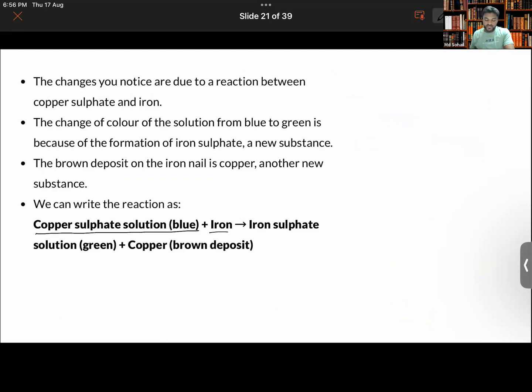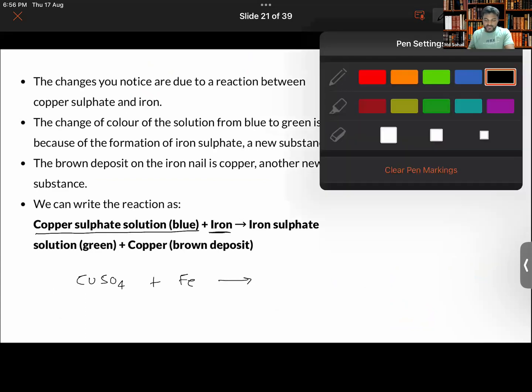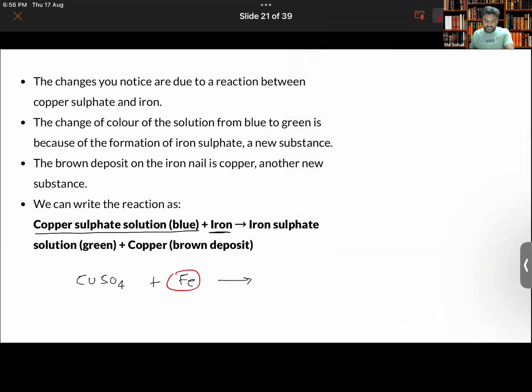Now we dipped a piece of iron into it. So what happened? CuSO4 plus iron. This iron reacted with the sulfate over here, so it formed ferrous sulfate or iron sulfate, FeSO4. Getting it here? Yes. Okay.